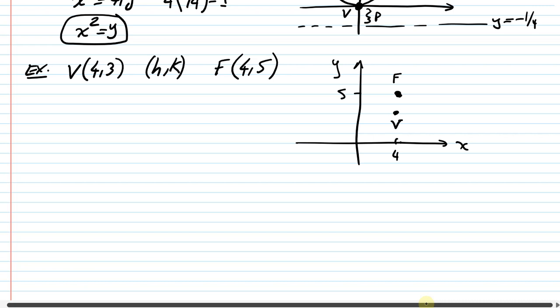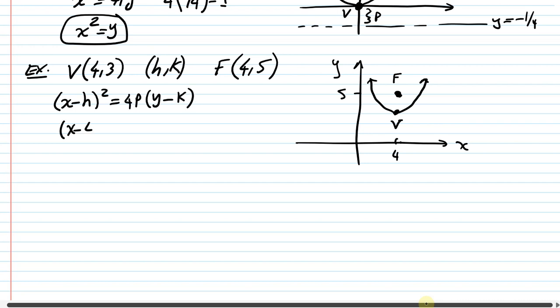Now this settles it. Remember, the focus is in front of the vertex, so this parabola has to open up that way, doesn't it? Otherwise, any other way, the focus will not be in front of the vertex. So we have a vertical parabola. So the equation is (x minus h) squared equals 4p times (y minus k) for vertical parabolas. The square would be on x this time.